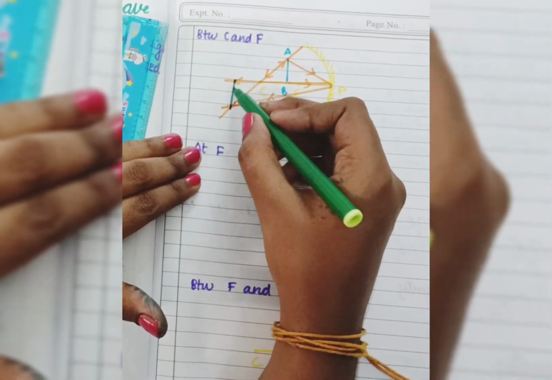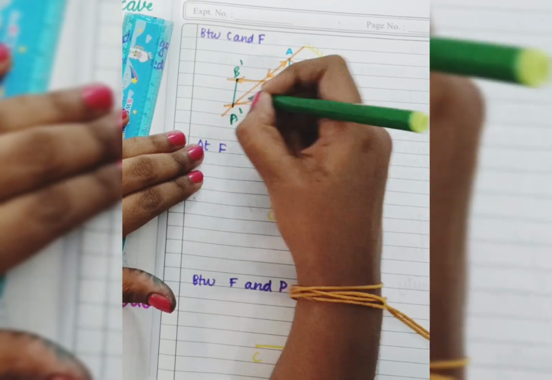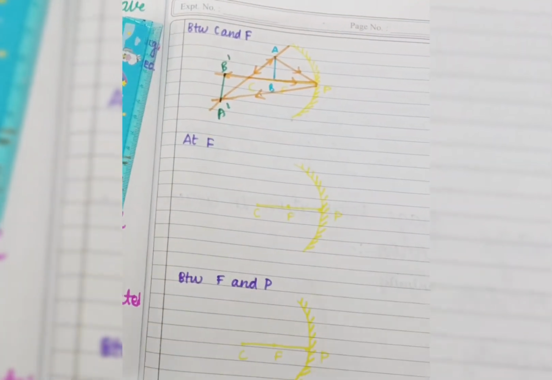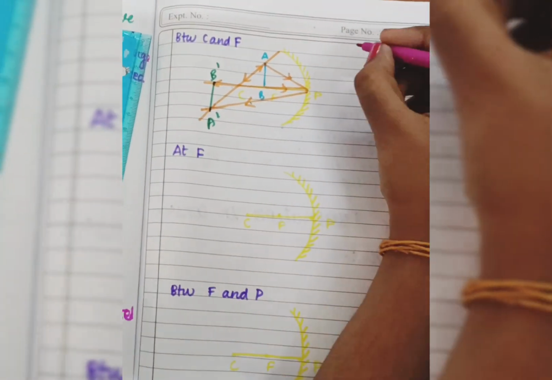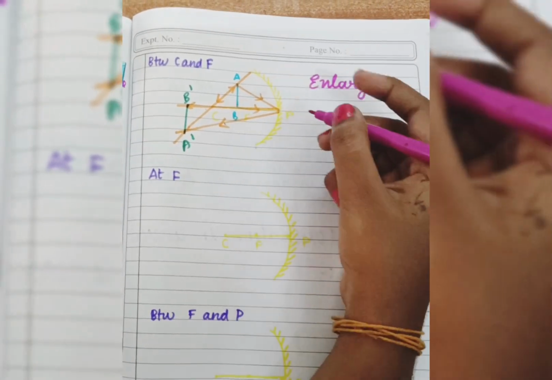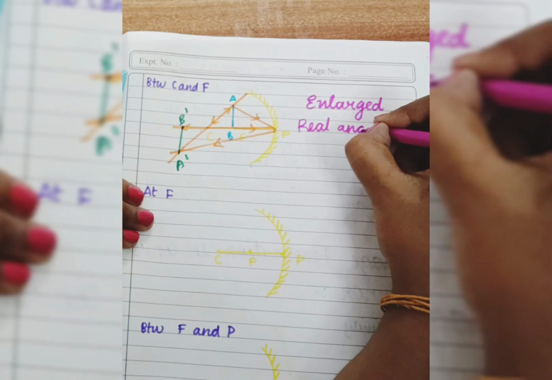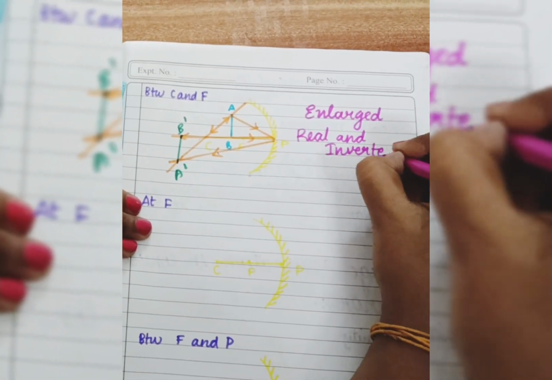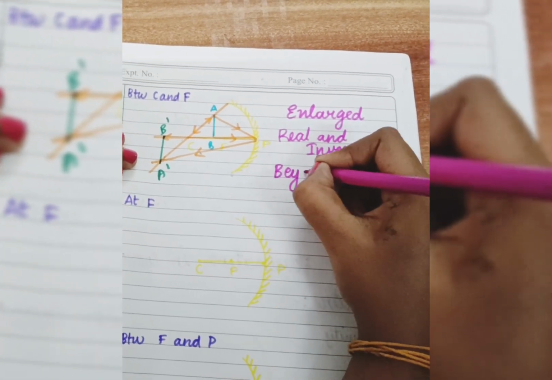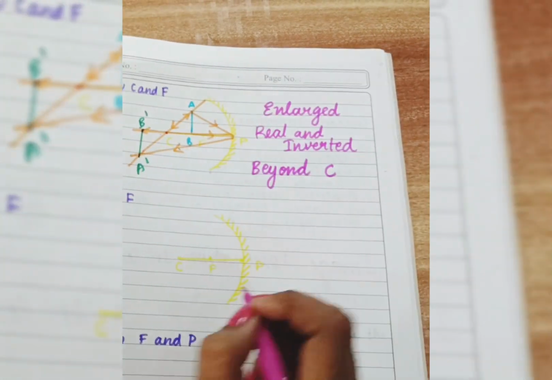All three reflected rays are joined and we get the image to be inverted and enlarged. The size of the object is smaller when compared to the size of the image, right? So the image formed is enlarged and the image is real and inverted. The position of the image formed is beyond C, which means it is beyond the curvature.